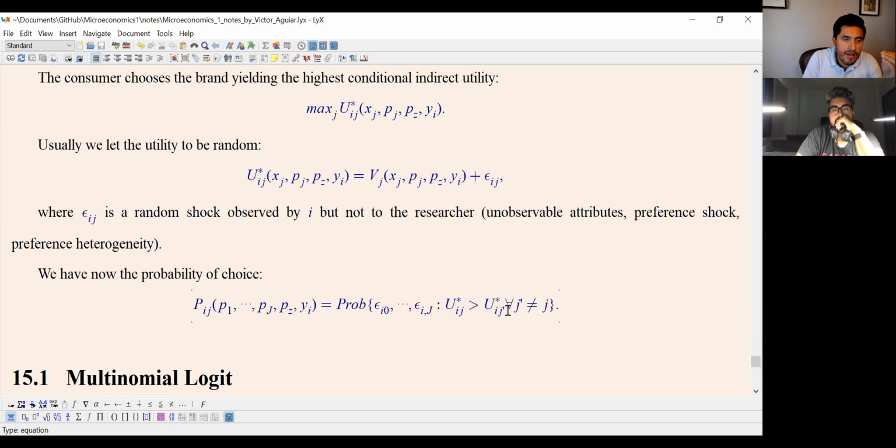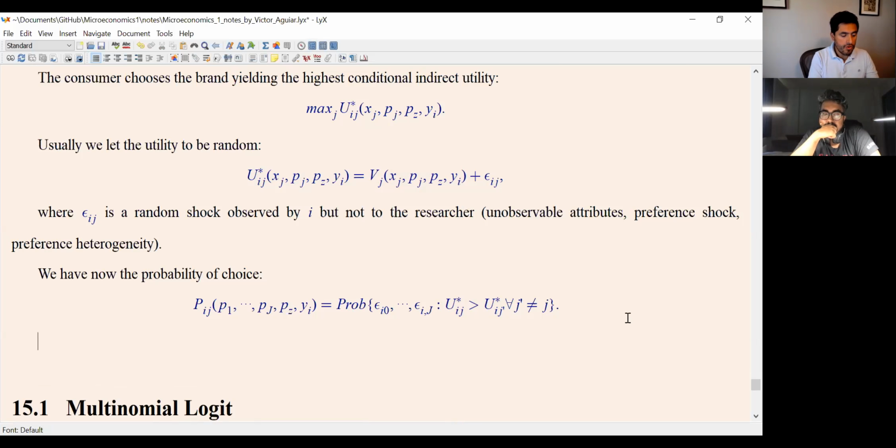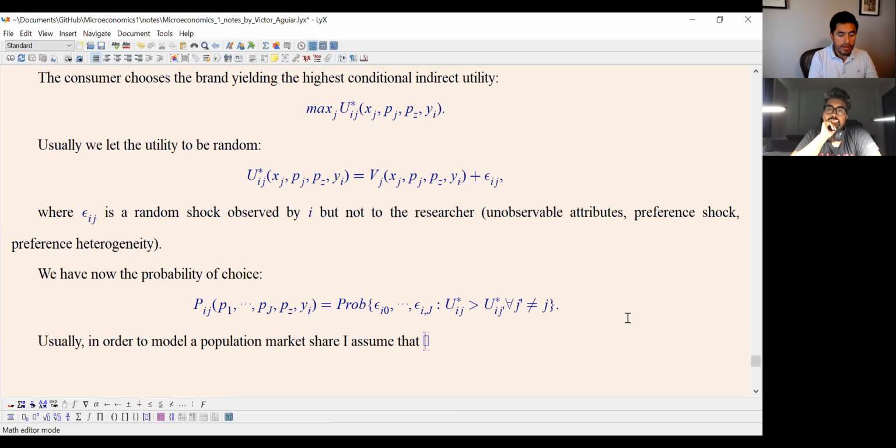So what is the key assumption that I'm going to make when trying to model market shares, right? It is that this epsilon here is going to be IID, okay? So usually, in order to model a population market share, I assume that this epsilon is distributed IID from some distribution F, right?